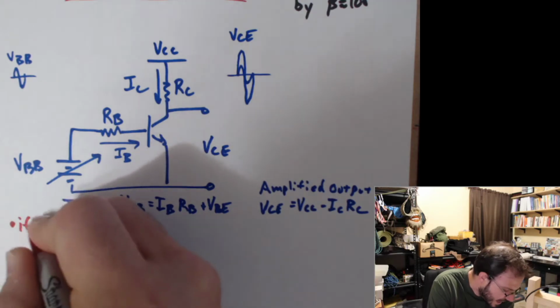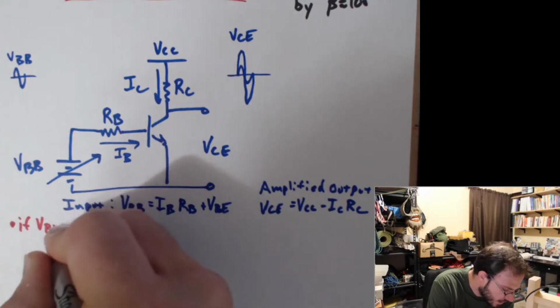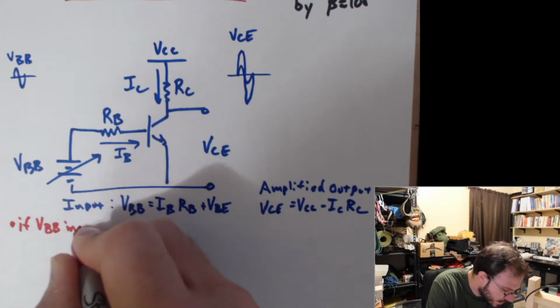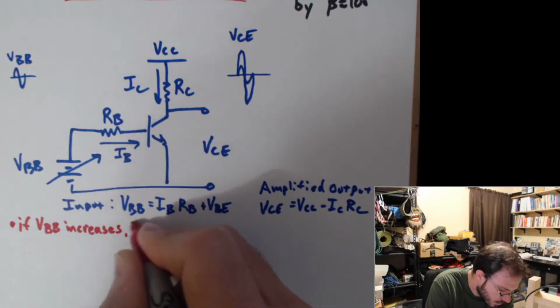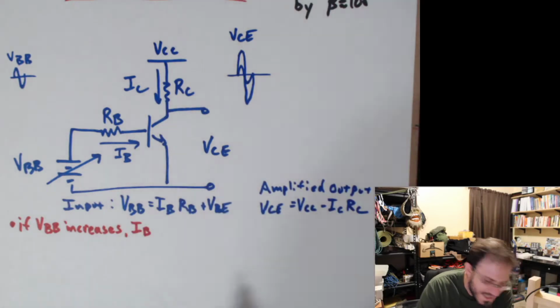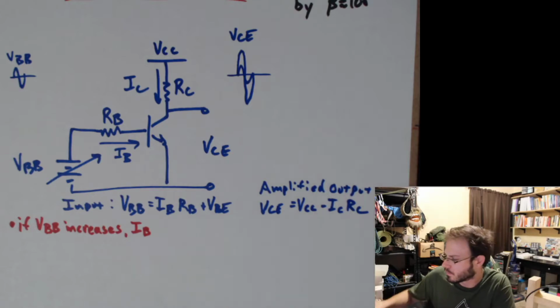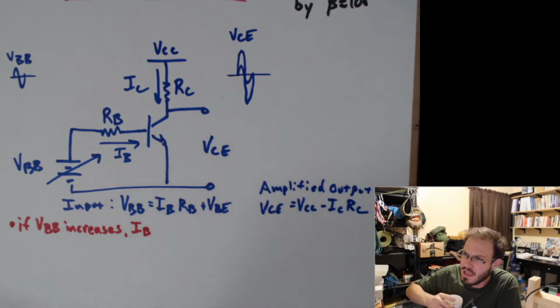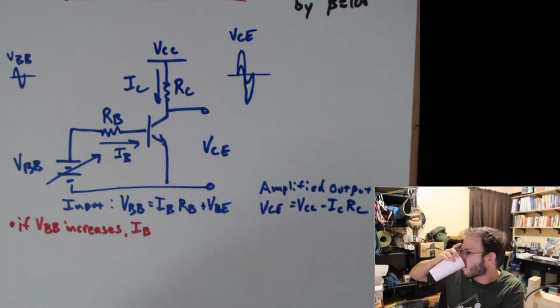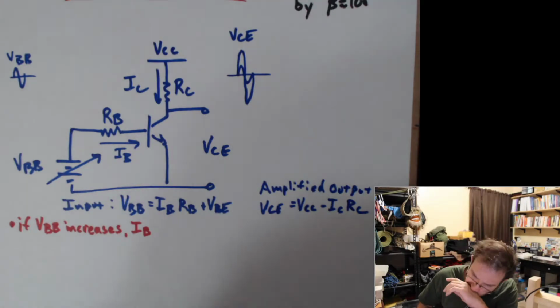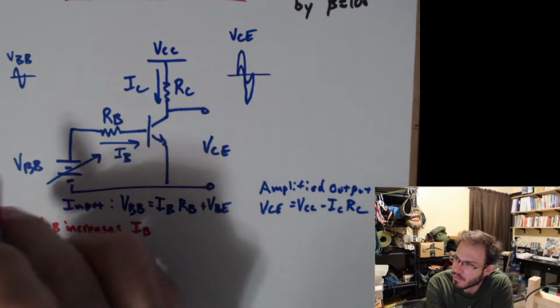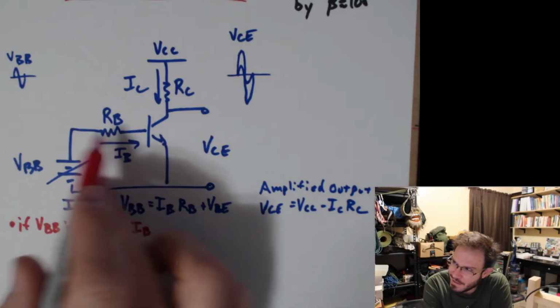So I'm going to say if VBB increases, what does IB do? That's a question for you guys. If VBB goes up, what happens to IB? I have a larger voltage being applied to this resistor.